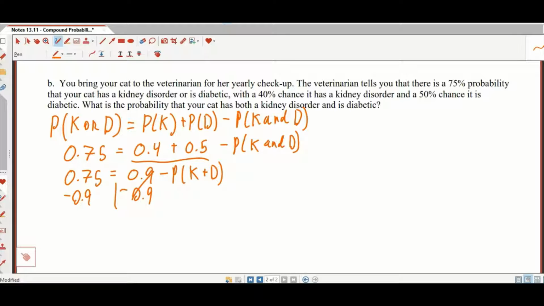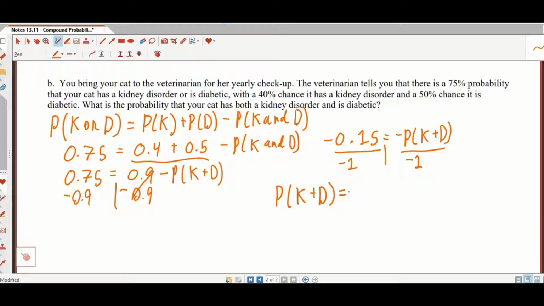So you get 0.75 minus 0.9, and I get negative 0.15 is equal to negative the probability that your cat has kidney problems and is diabetic. And it's thankfully small. Divide both sides by negative 1. And the probability of your cat having a kidney problem and being diabetic is thankfully 0.15, which is 15%.